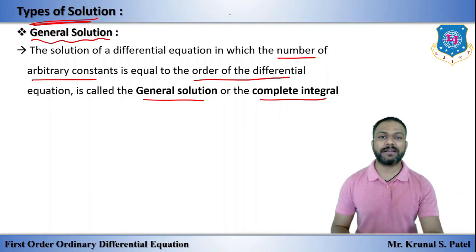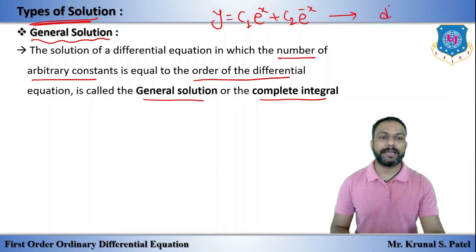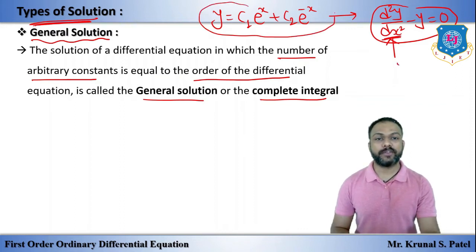so in the previous example we have seen that we have y is equal to c1 e raised to x plus c2 e raised to minus x, which is the solution of d square y by dx square minus y is equal to 0. Here the order of this differential equation is 2. As we know that the highest derivative is 2, so the order of this differential equation is 2. And in this solution, here we can see that we have two arbitrary constants.